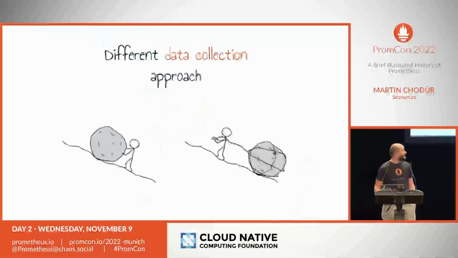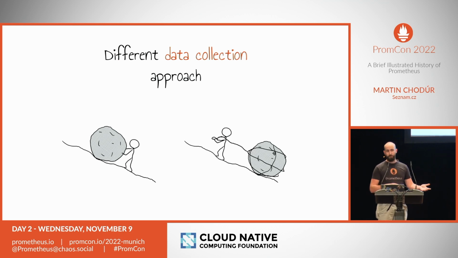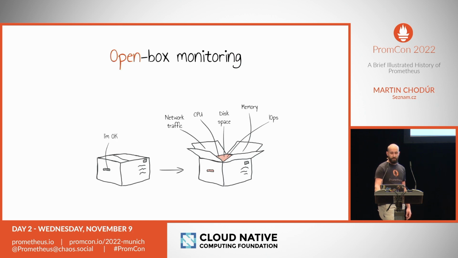And why was it different? The difference was the data collection approach, pull versus push. There was a lot said about it already, but I'm not sure if there was any other solution except Borgmon using a pull-based approach. So this is definitely a different thing about Prometheus back then. Also, the approach was open box monitoring, where you're really looking at what's happening in the application.